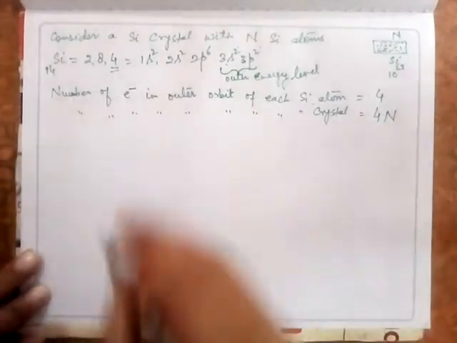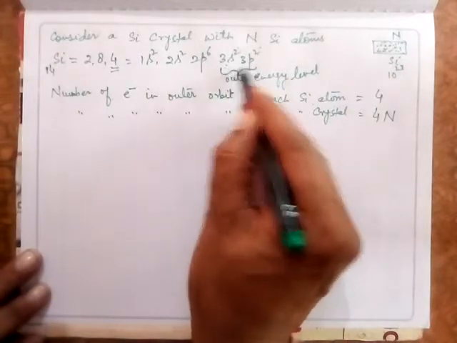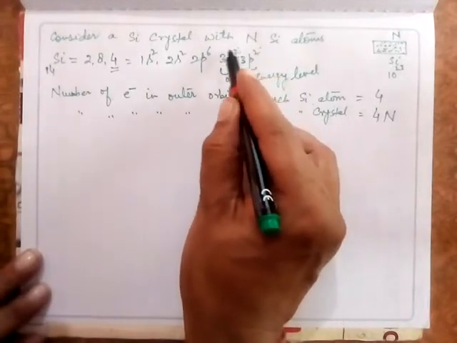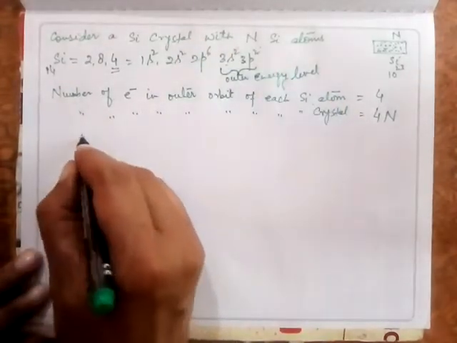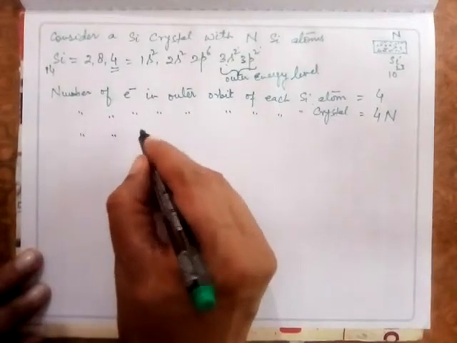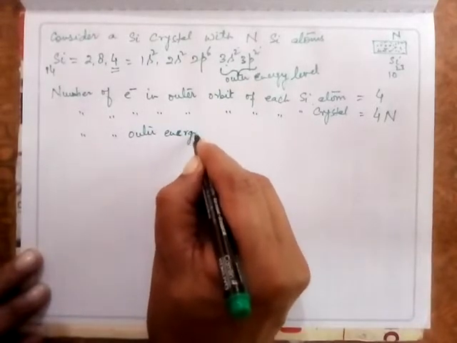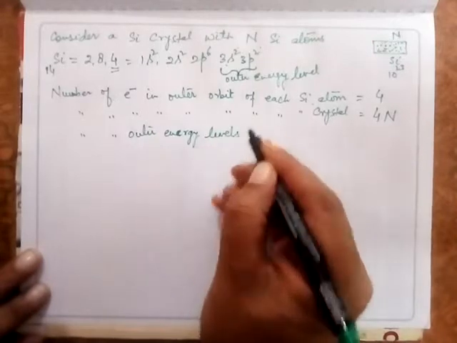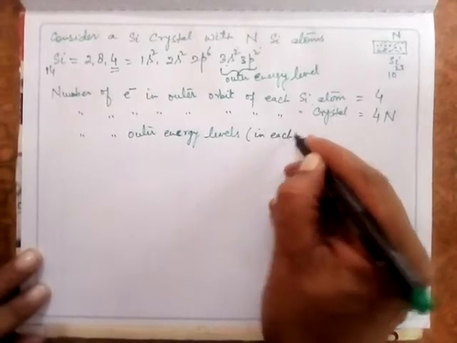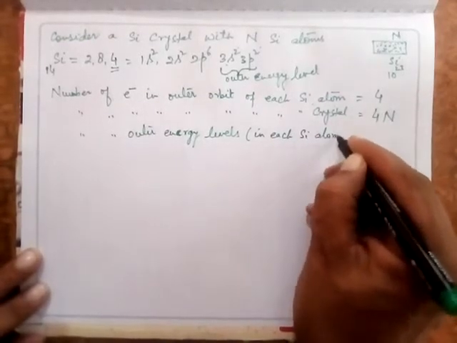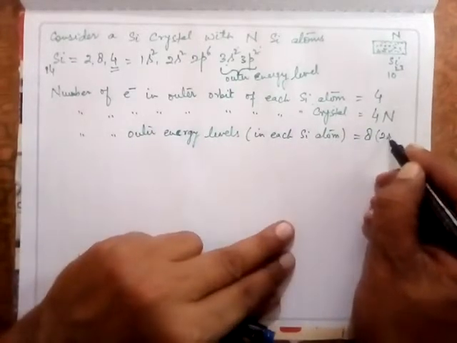Now in the outer energy levels, if you see, these are the energy levels. Total energy levels are 8, although only 4 are filled. The number of outer energy levels available in each silicon atom is 8, naturally, that is 2 from s and 6 from p.